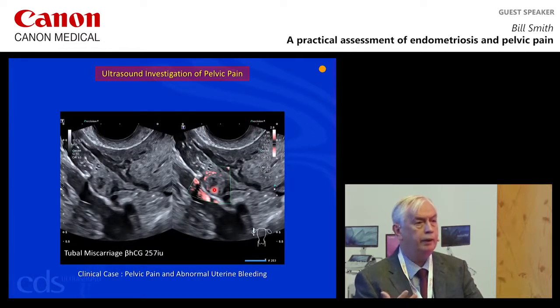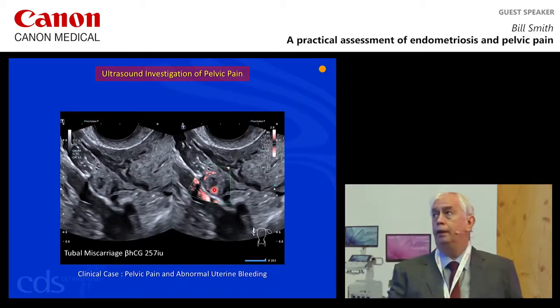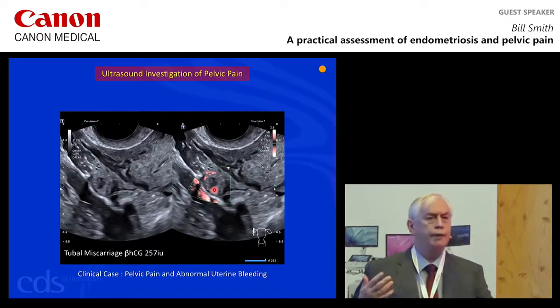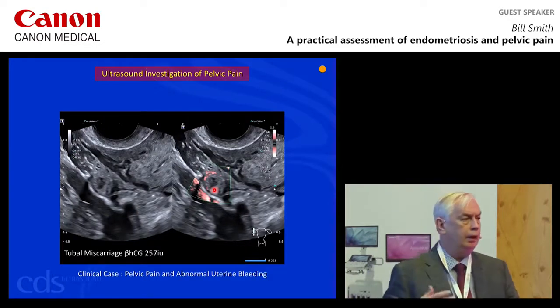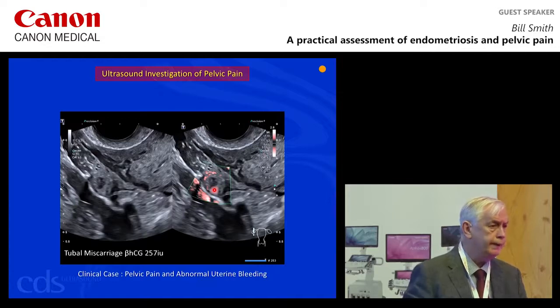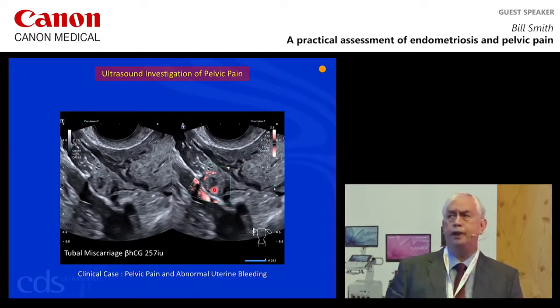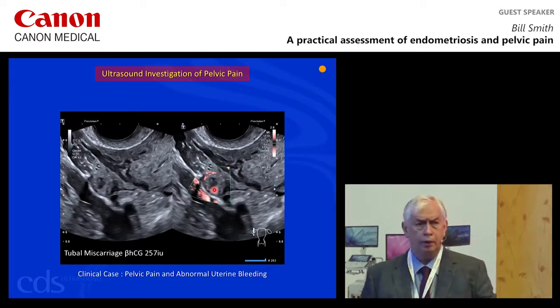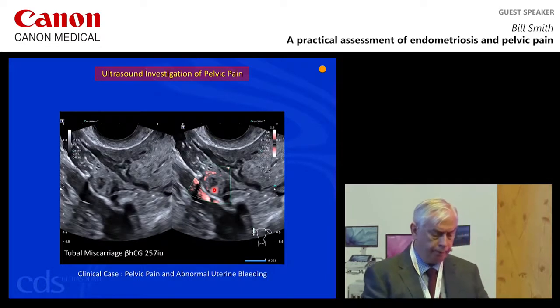With the color Doppler, and certainly if we introduce 3D, we know that that's likely to be an ectopic pregnancy. And certainly the degree of vascularity we see around an ectopic pregnancy, certainly in the case of tubal miscarriage, will reflect beta HCG levels.